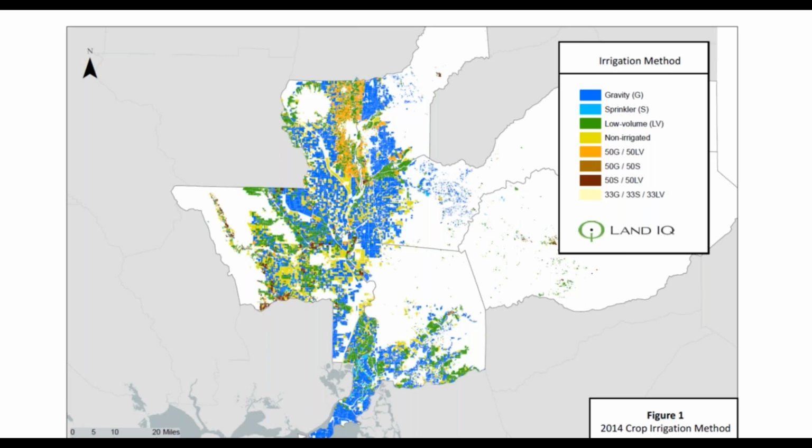So if that said 80-20, then those proportions would be respectively 80% and 20%. On the very bottom, you can see that very light tan color. It says 33% gravity, 33% sprinkler, and 33% low volume. So in that case, we estimate that there's about an equal amount on each of those irrigation types.